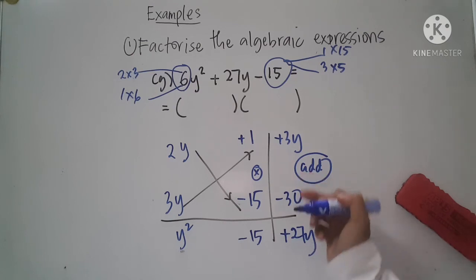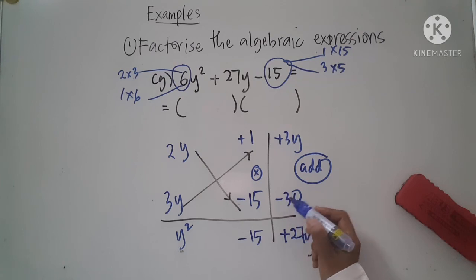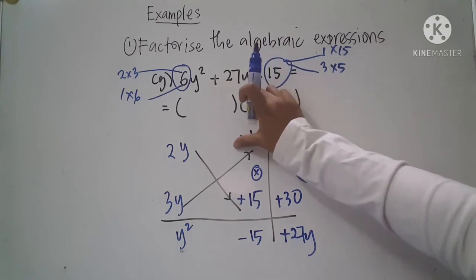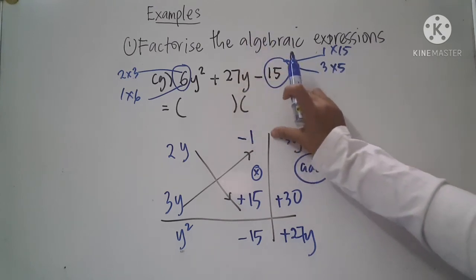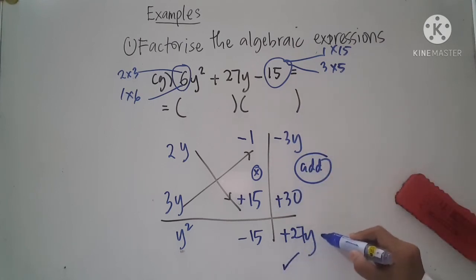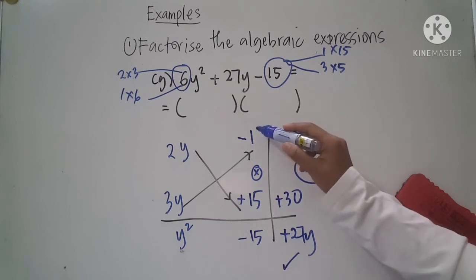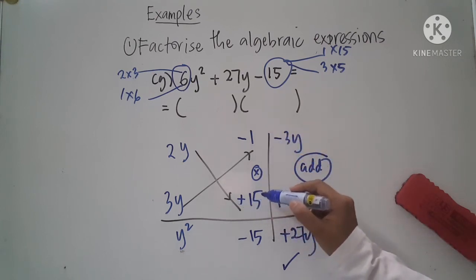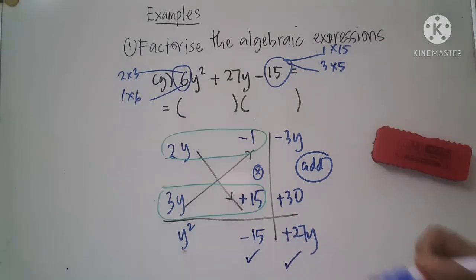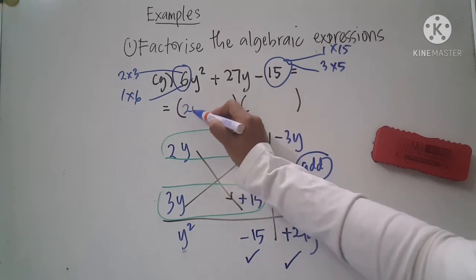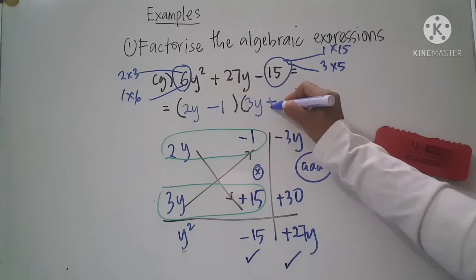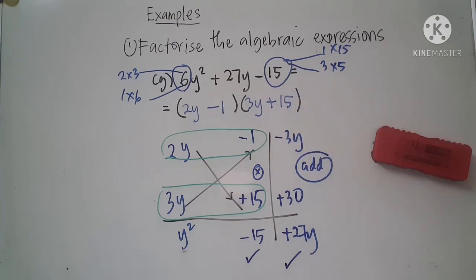So how do I change it to positive 30? By changing this sign, and this one will be the negative sign. And then only can we have the answer as positive 27y. Negative 1 times positive 15, negative 15. So the answer you're going to write in the bracket is 2y minus 1 and 3y plus 15.